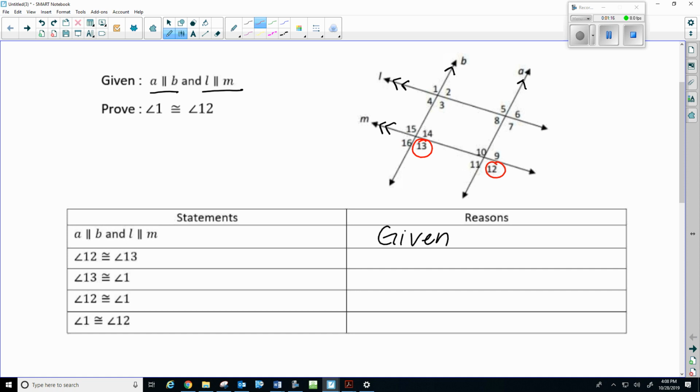Well, we can take a look at our different angle pairs that we have learned about, and we see that they are both on the same side of the transversal. 13 would be interior, 14 would be exterior. So I know in my class I've taught that if we find ourselves saying, are they inside or outside? We say both. We need to ask ourselves, do they match? Are they in matching positions?